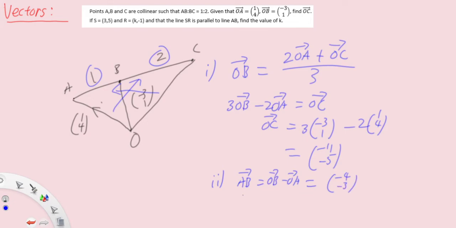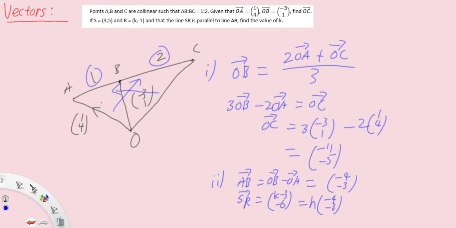Now let's look at SR. SR again is simply (K minus 3, minus 1 minus 5), which is (K minus 3, -6). We want (K minus 3, -6) equals H of (-4, -3), where H is a constant, because it must be a multiple of the vector AB.